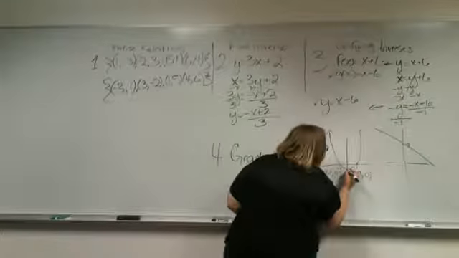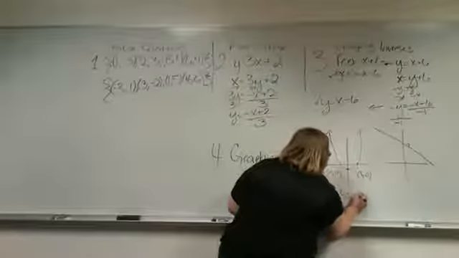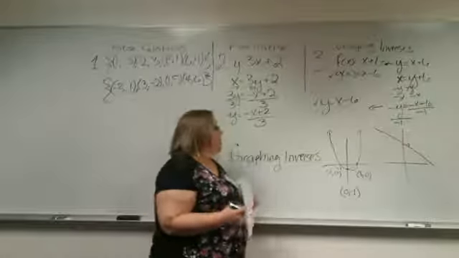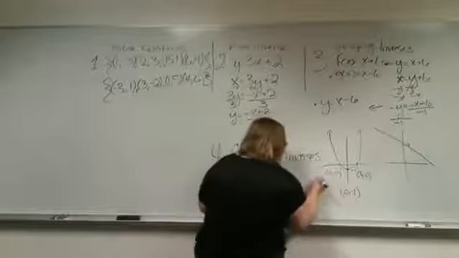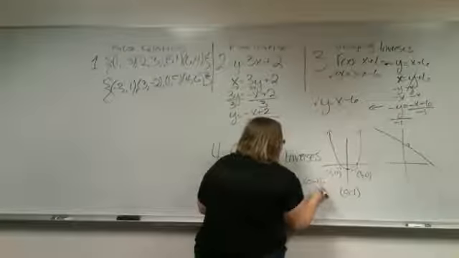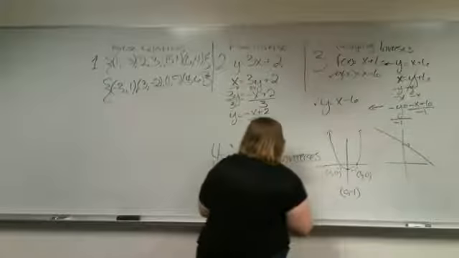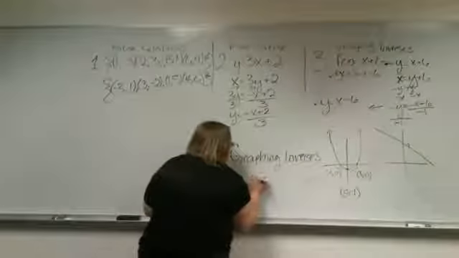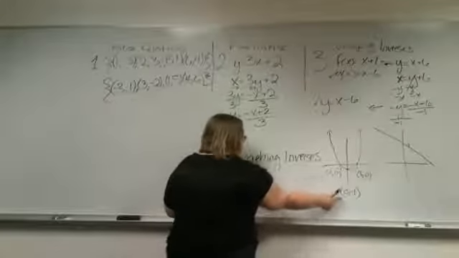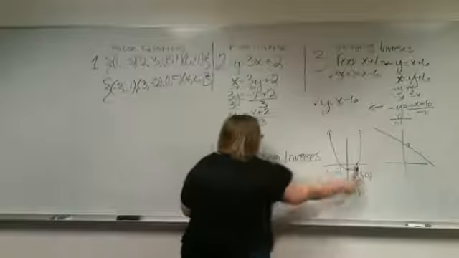And here we have 0, -1. So those are 3 definite points on our graph. So we're going to take the inverses of those, which is going to be 0, -1, right over here, then -1, 0, and 0, 1.